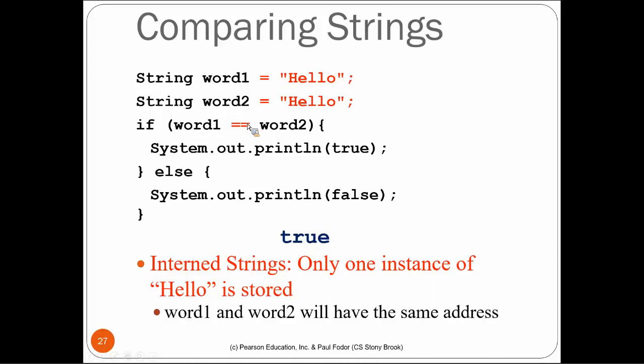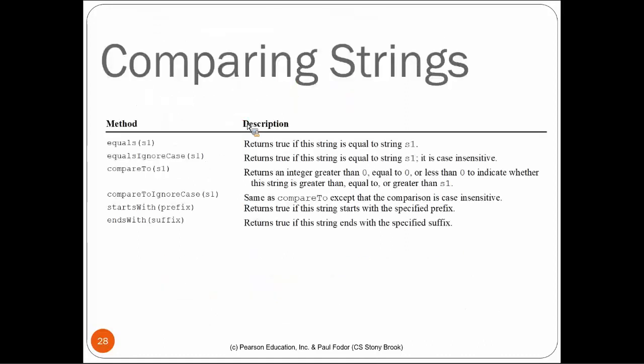So this is the only case when using the double equal returns the same result as using the dot equals, because that will also return true. But this is just an implementation decision that Java made, where constants are only created once in memory.